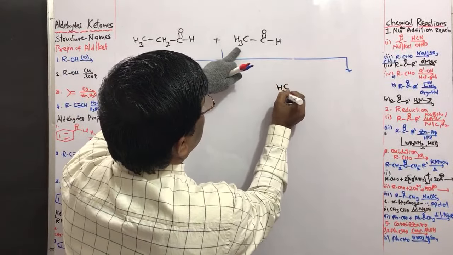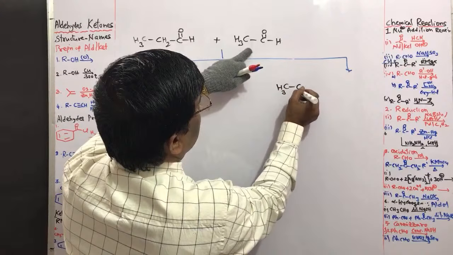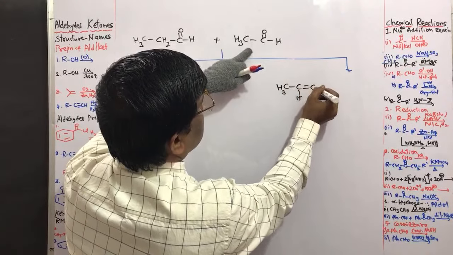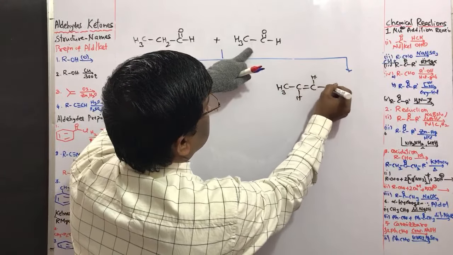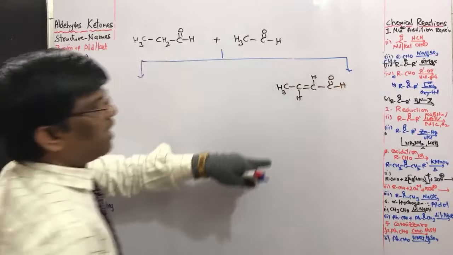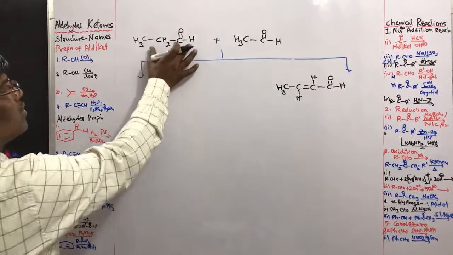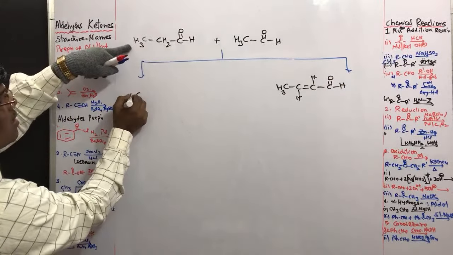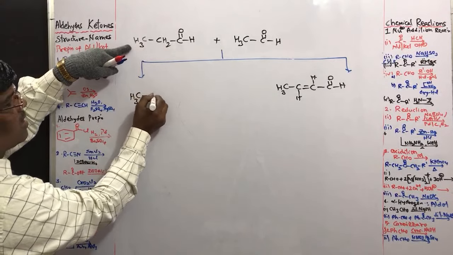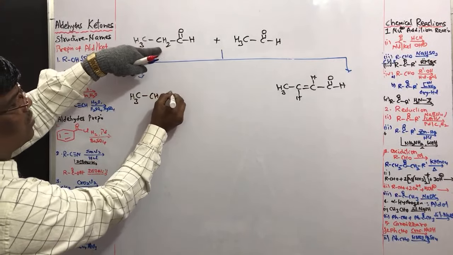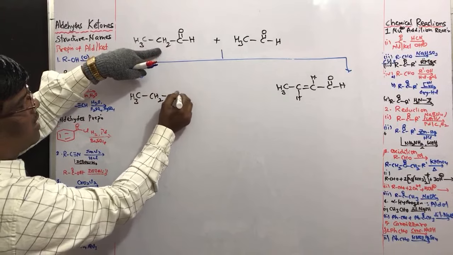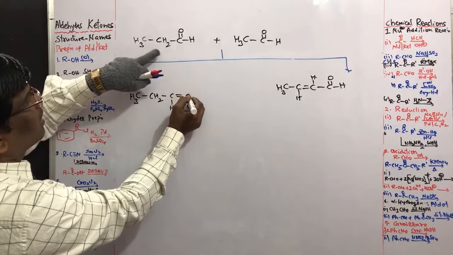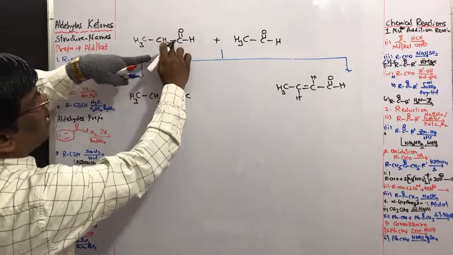CH3, C, H is here, double bond, CH, this aldehyde. From here, CH3, CH2, C and double bond, and coming from this, so this is the alpha hydrogen.